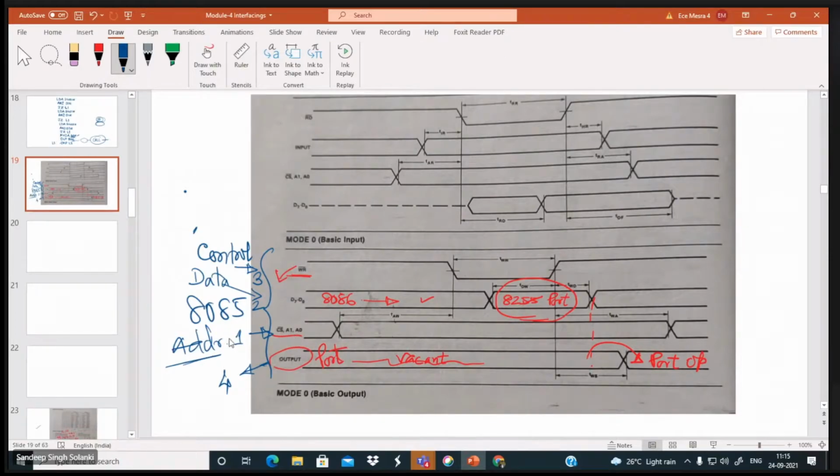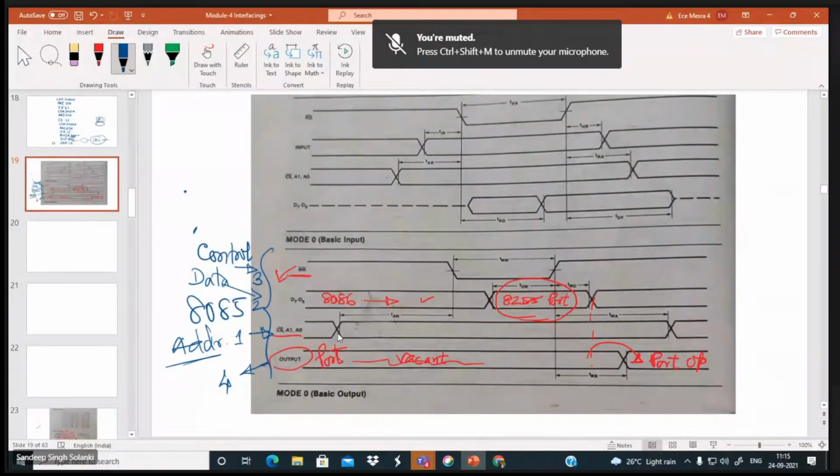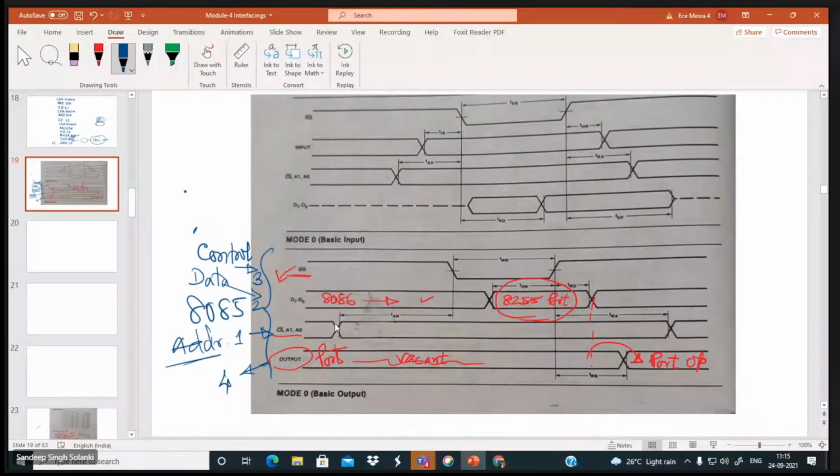Just see here that the address is going out. In this diagram it is not shown your ALE and all, because it is assumed that ALE and everything is there, and you are directly having this A0, A1 and CS. With this A0, A1 and CS, what are you finding?